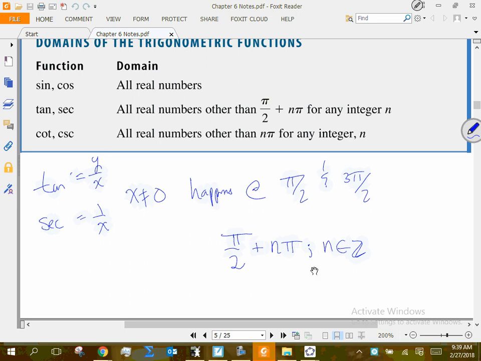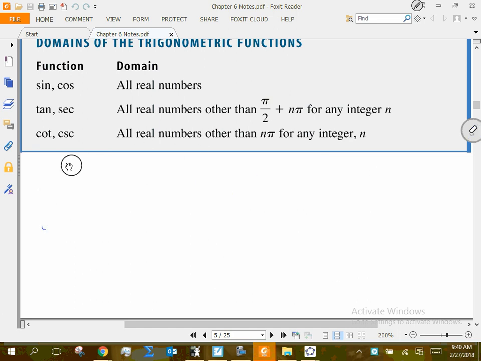If n is 2, that's pi over 2 plus 2 pi, so it gives me 5 pi over 2. So it gets me back to pi over 2, and then to 3 pi over 2, and then back to pi over 2, and then 3 pi over 2. It lets me jump back and forth between the top and bottom of the circle. Does that make sense? And obviously you can't do division by 0, so that's why we've got domain issues there.